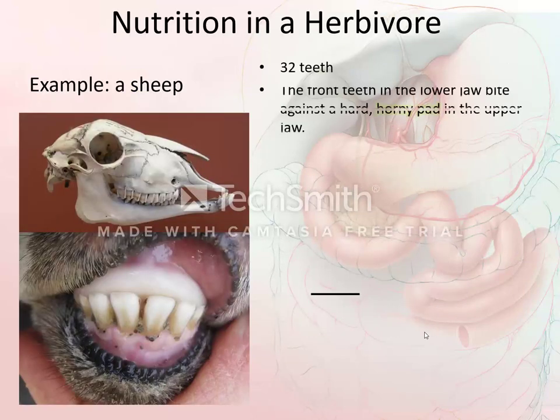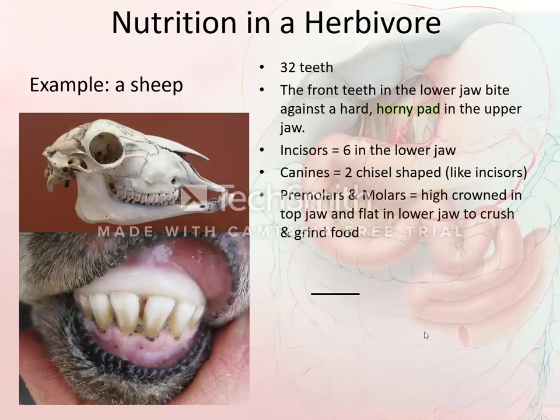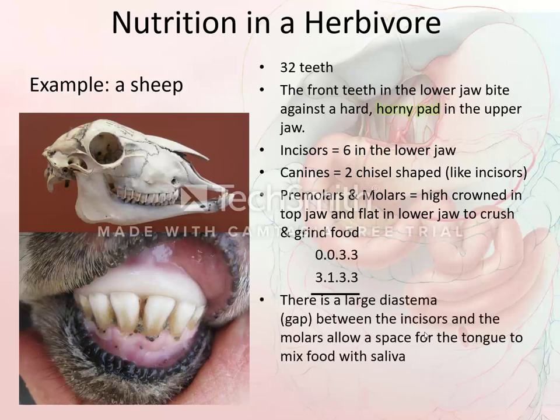In herbivores, so we as human beings are omnivores. We've just done the omnivore dental formula. In herbivores, herbivores have what is called a horny pad. So when you were in grade 8 or 9 and you learned about that, you thought it was hilarious, and hopefully you've grown up a little bit since then.